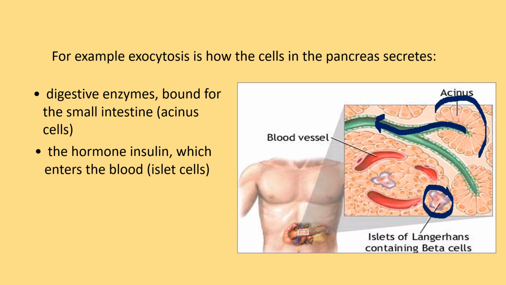So your pancreas plays a role as part of your digestive system, and as part of your endocrine system. As part of your endocrine system, beta cells, which are part of the islets, secrete insulin, and insulin is a peptide hormone.